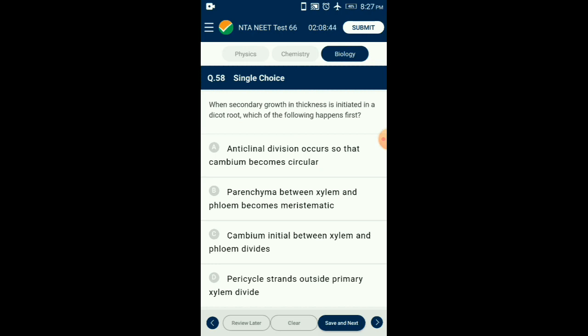Vascular cambium is formed from conjunctive parenchymatous cells lying just below each phloem strand. Thus, the number of cambium strips formed equals the number of phloem strands. The answer for this question is option B. Parenchyma between xylem and phloem becomes meristematic.